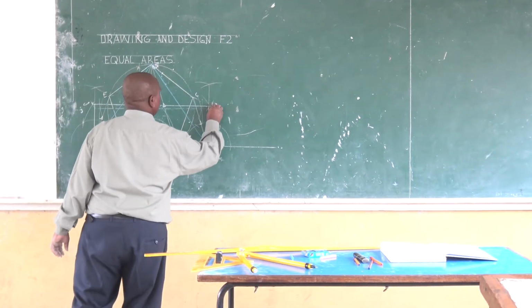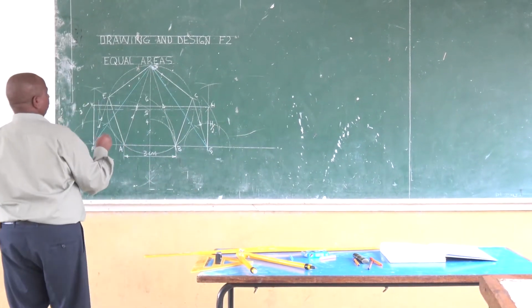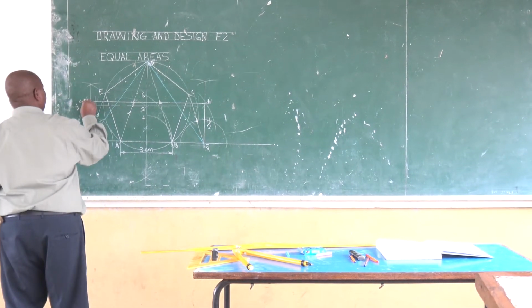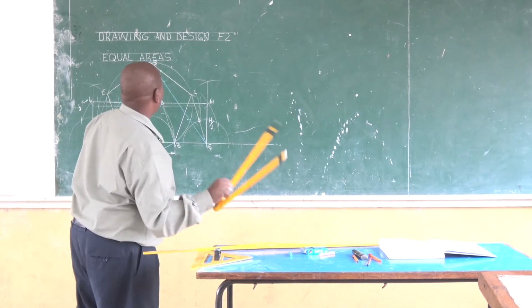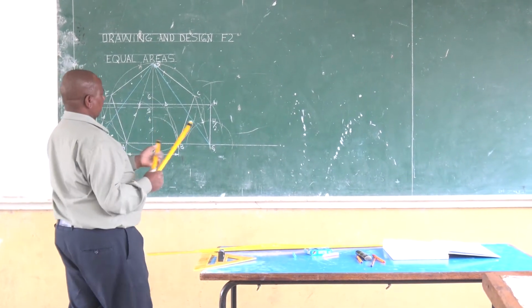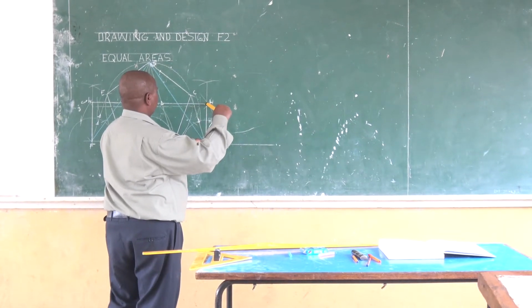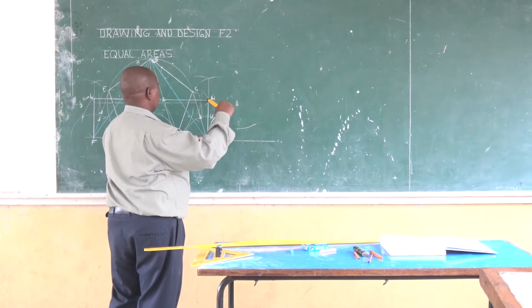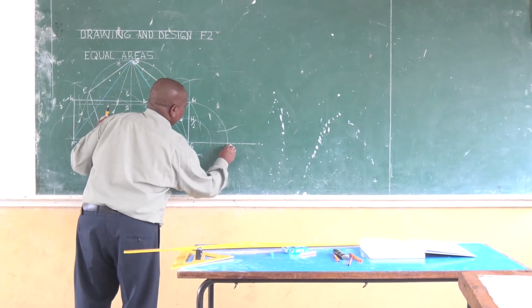So we can mark the vertices of the rectangle as FGH, and then we can have I here, so that we look for a point J, and we get point J by taking a radius equal to HG to get this point J.